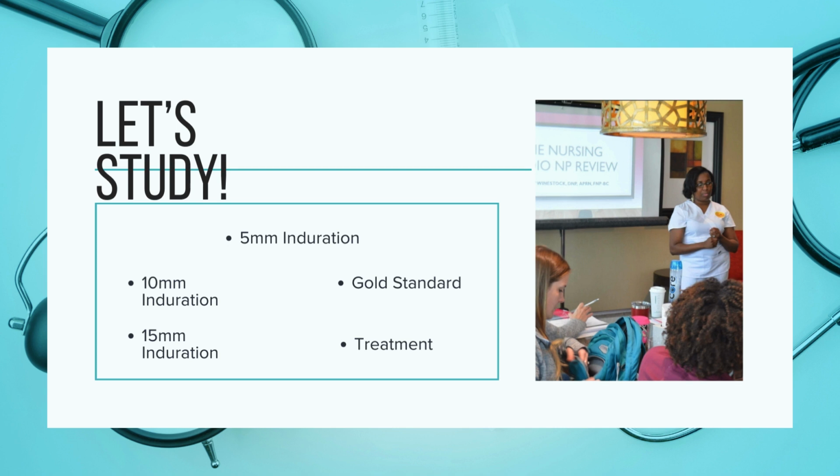So we talked about this. So key identifier, they already presented with those key issues, right? The night sweats, the cough. She was recently around somebody with TB, right? So now how do you start to progress to confirm the diagnosis that you should already be thinking of TB because of how they're presenting? You're going to do some type of TB testing, right? So the PPD was done and they have a 5 millimeter induration.